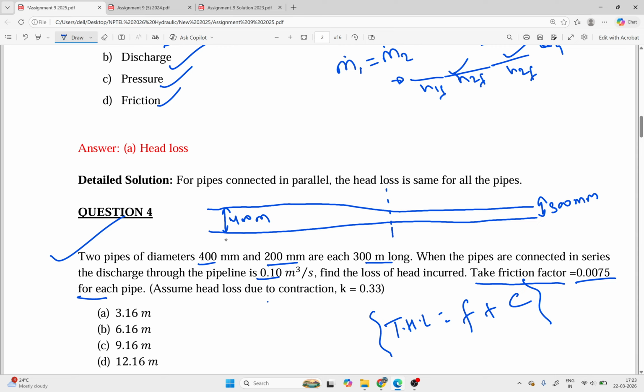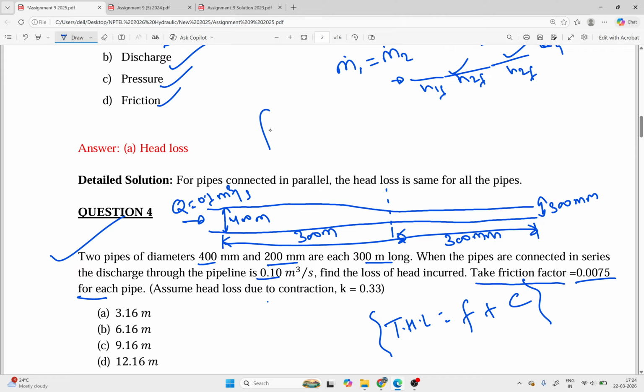Now the length of both pipes is 300 meters. Discharge is also given, 0.1 meter cube per second.